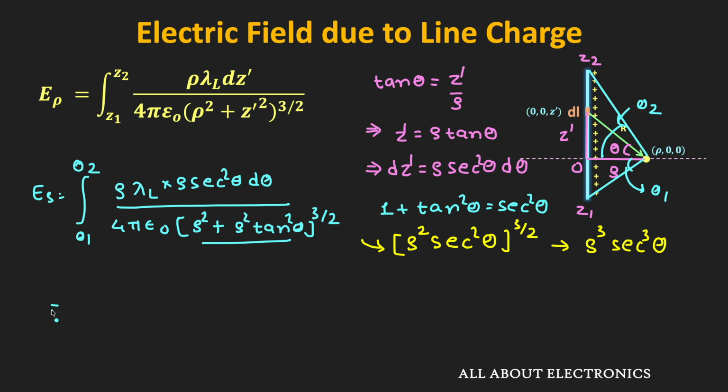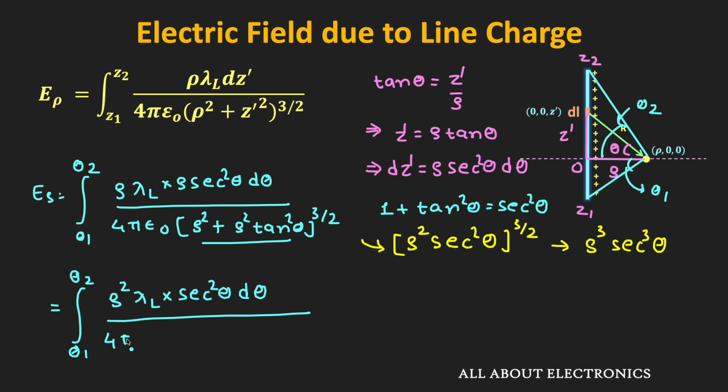So effectively we will have integration from theta 1 to theta 2 of rho square times lambda L times sec square theta d theta divided by 4 pi times epsilon times rho cube times sec cube theta.